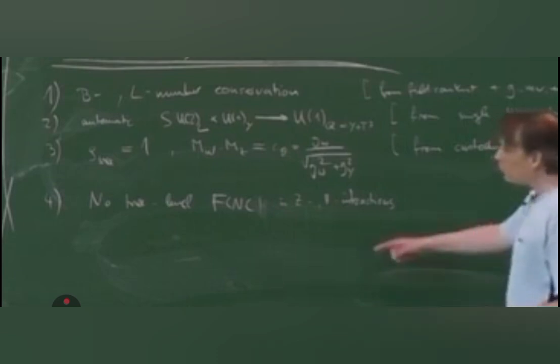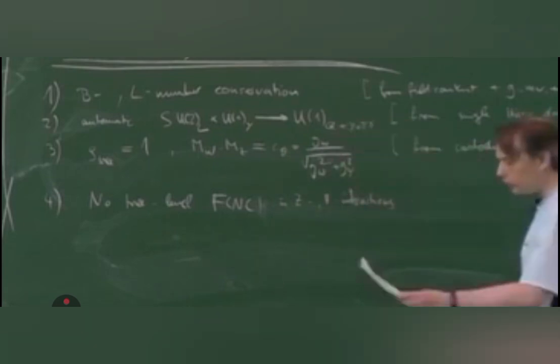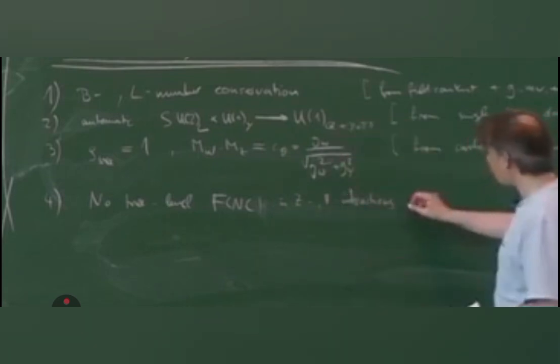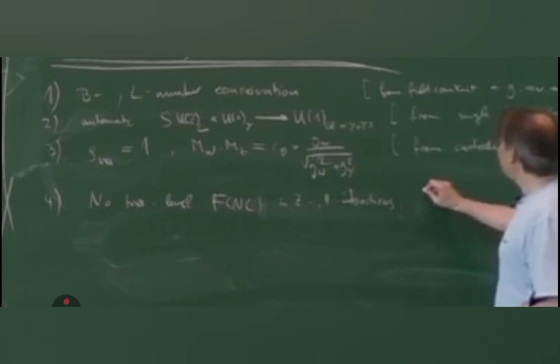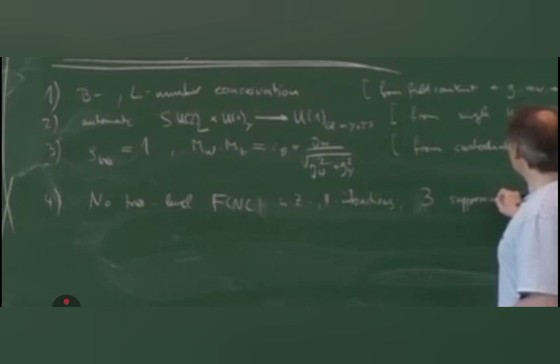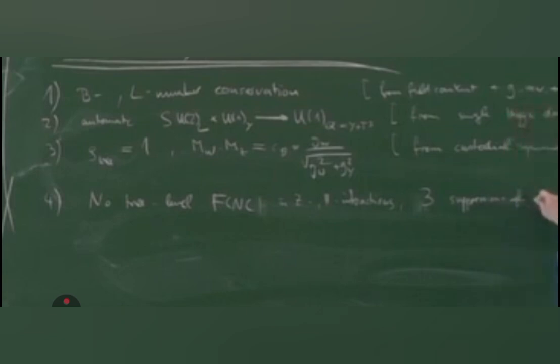And that, of course, has this impact here on flavor changing processes. So we have three suppressions of flavor changing neutral current processes.